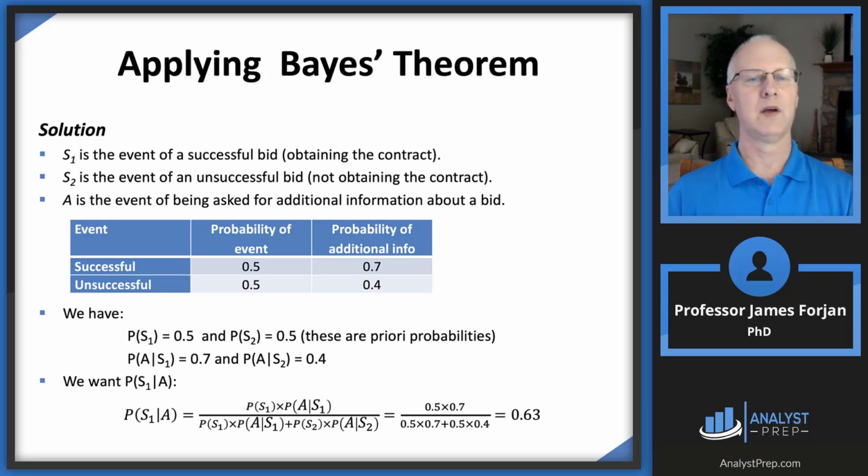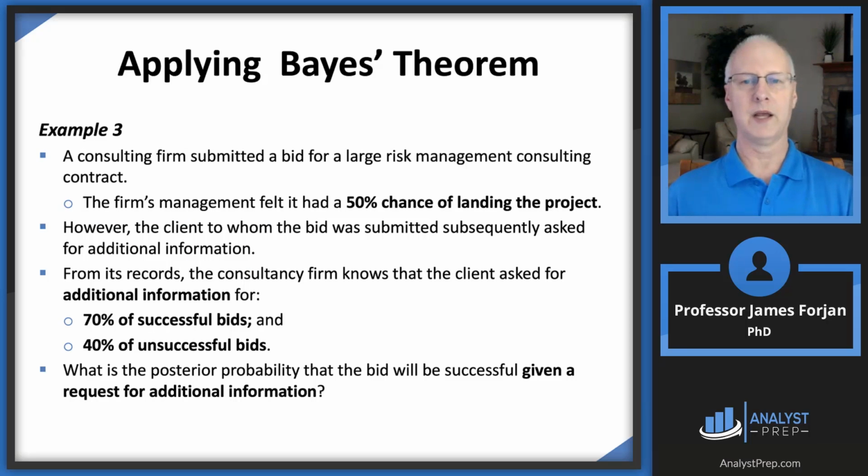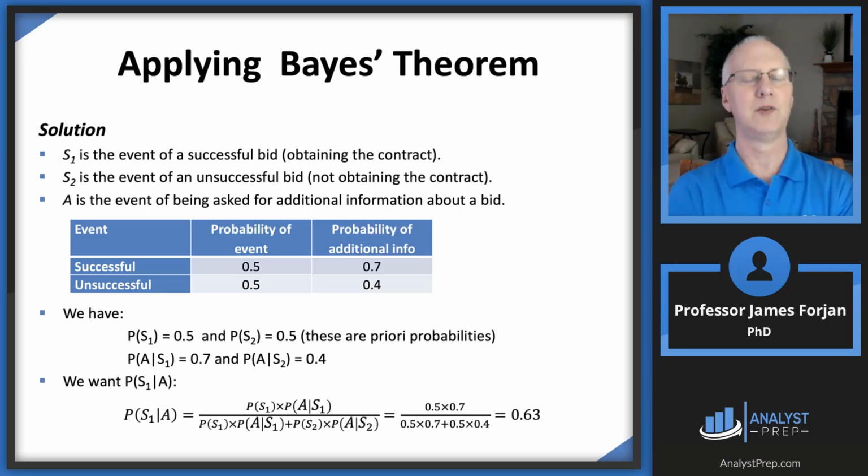So we can put together a matrix there. Down the left-hand column, we've got the event, successful, which means obtaining the contract, and unsuccessful, which would mean a rejection of the contract. And so the probability of an event is 50%, right? We go back here, we have a 50% chance of landing the project. And then the probability of additional information is 70 and 40.